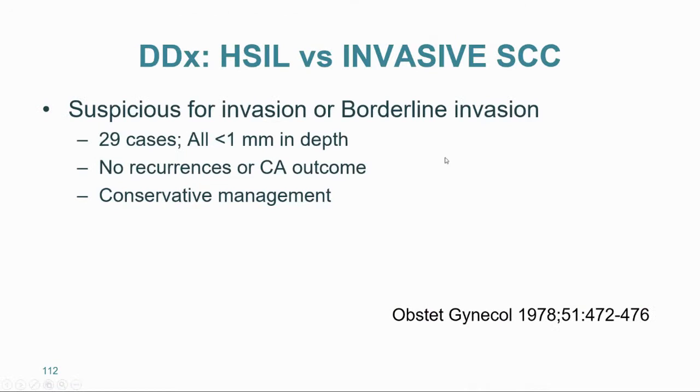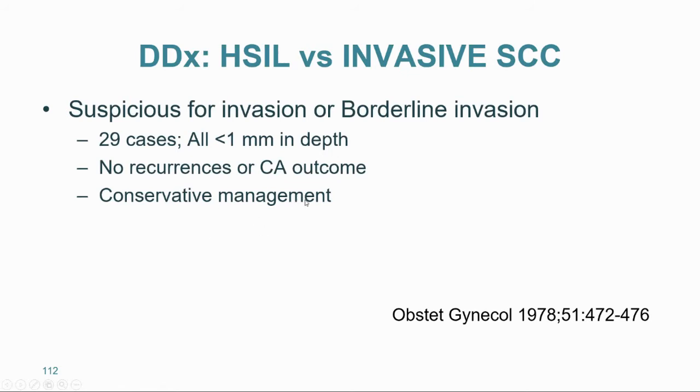Some lesions are very suspicious for stromal invasion, but are not definitive for it. And I always like to mention this study, which is not relatively old, it's very old, but it's very nice. Unfortunately, I don't know of more elegant follow-up studies on this, but what the study illustrates is that all cases in which stromal invasion was suspected but not confirmed, in other words, you're suspecting very early stromal invasion, less than 1 millimeter in depth, but you cannot confirm it, those lesions tend to behave like an HSIL lesion.